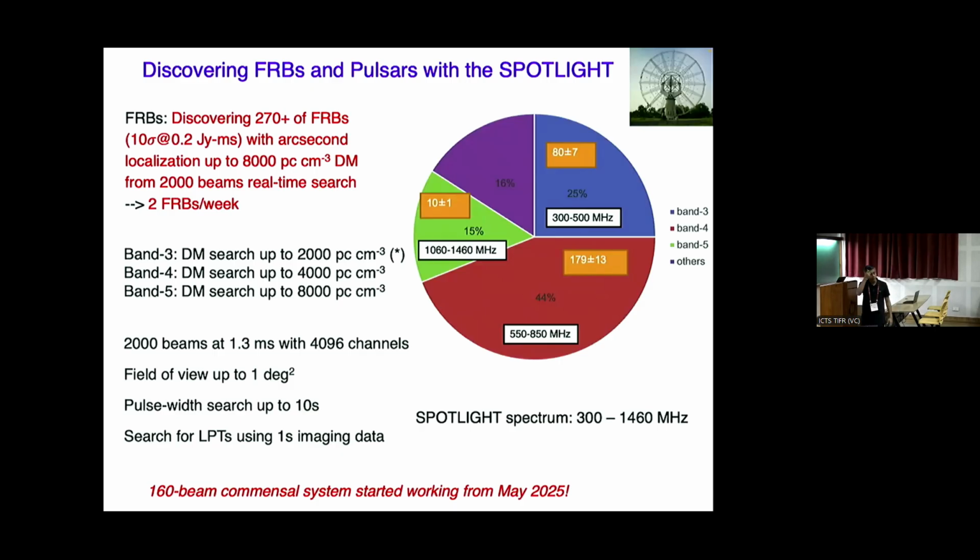As we deploy and observe simultaneously, in the last few months we have been sorting out various bugs in the pipeline and meeting the sensitivity limit which we proposed. The system has now reached a stabilized state where you're meeting the expected sensitivity, but we have a limited number of beams. I'll come to that.